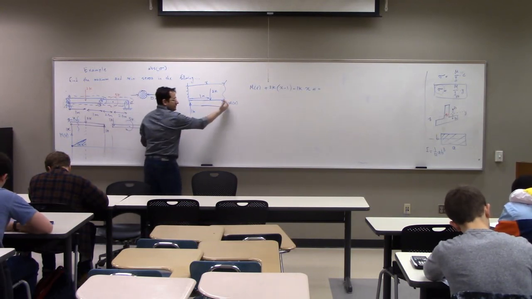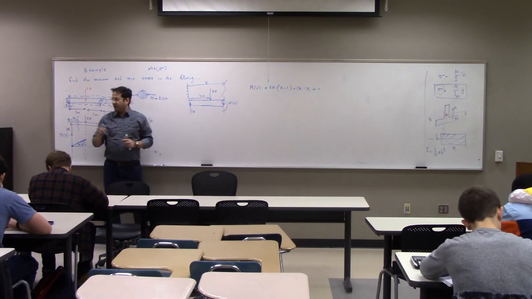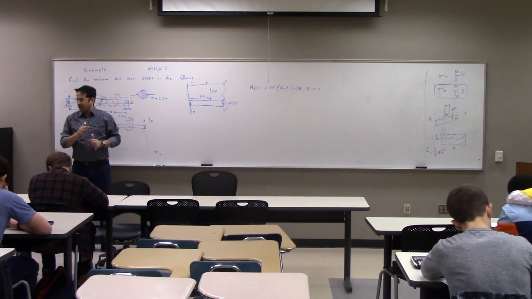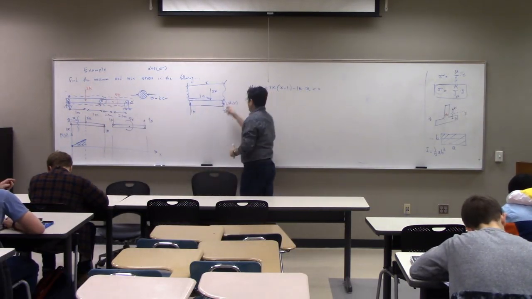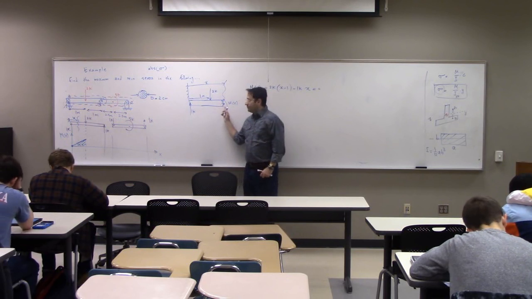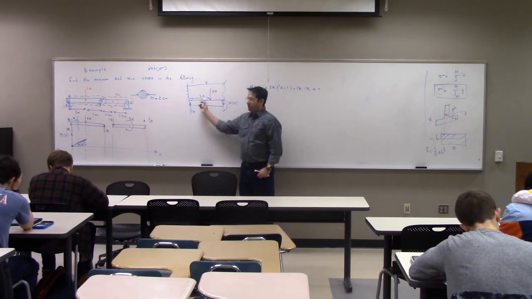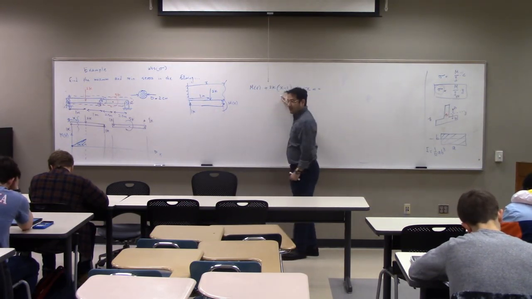MX is already positive, plus the moment that comes from 2K. That is 2K times the moment arm. The moment arm is from the reference point to the point where the force is acting. What is from here to here? X minus 1. It's not X, it's X minus 1. That's the reason you see X minus 1 here.